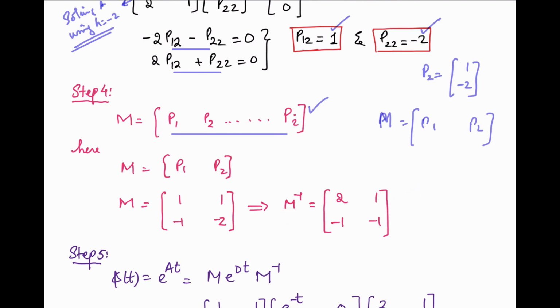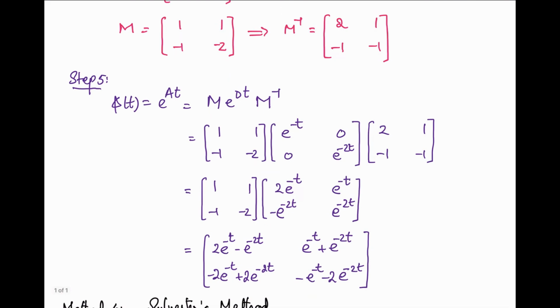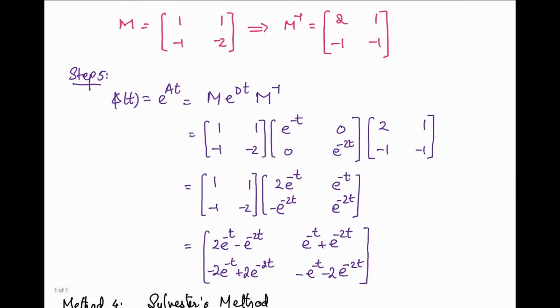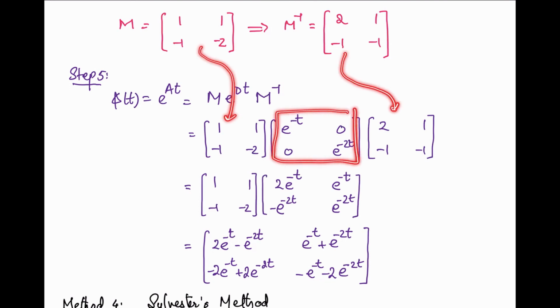And step 5 is to determine the state transition matrix with the help of this matrix M that you have obtained in step 4. So this equation is used. This is exactly what we discussed in the previous case, right? So this is basically the diagonalization matrix. Okay, so M is this one, M inverse is this one, and this is the matrix e^(Dt), which is obtained from the eigenvalues.